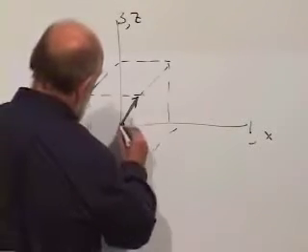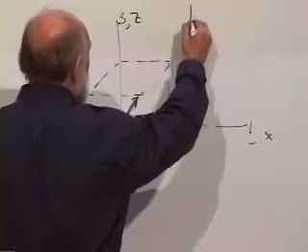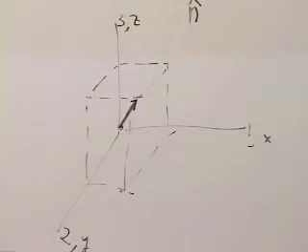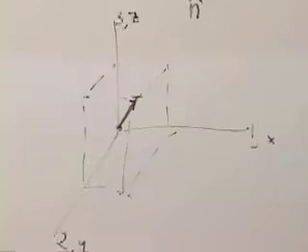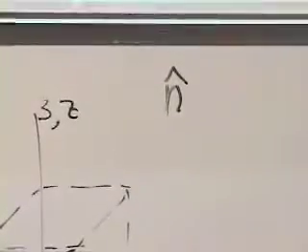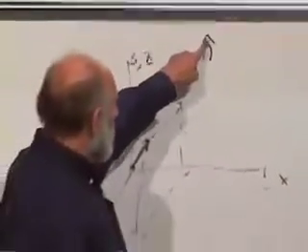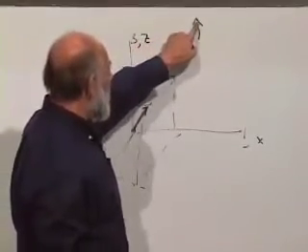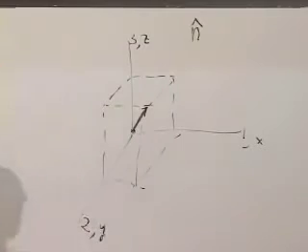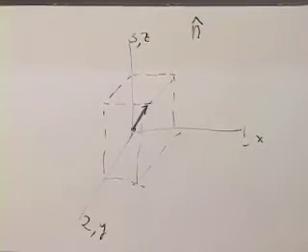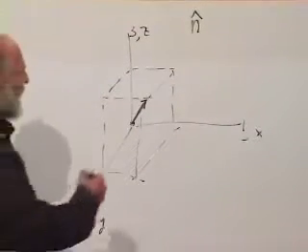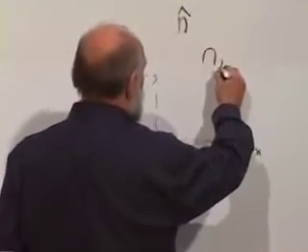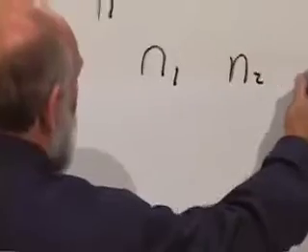Let's call this vector n. A unit vector is usually described by putting a little hat over it. n hat means a unit vector. This is a standard notation. A unit pointer, my goodness, please correct me. Don't allow me to do that. A unit pointer is indicated by a little hat, and it has a set of components. The components are in x, y, and z, or n1, n2, and n3.